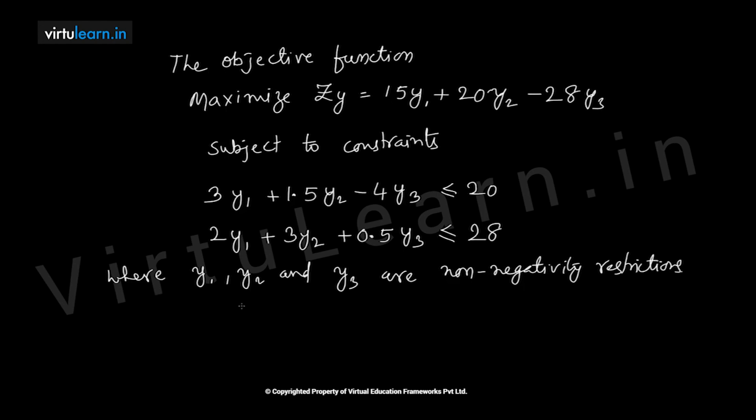So we'll mention like this: y1 is greater than or equal to 0, y2 is greater than or equal to 0, and y3 is greater than or equal to 0.